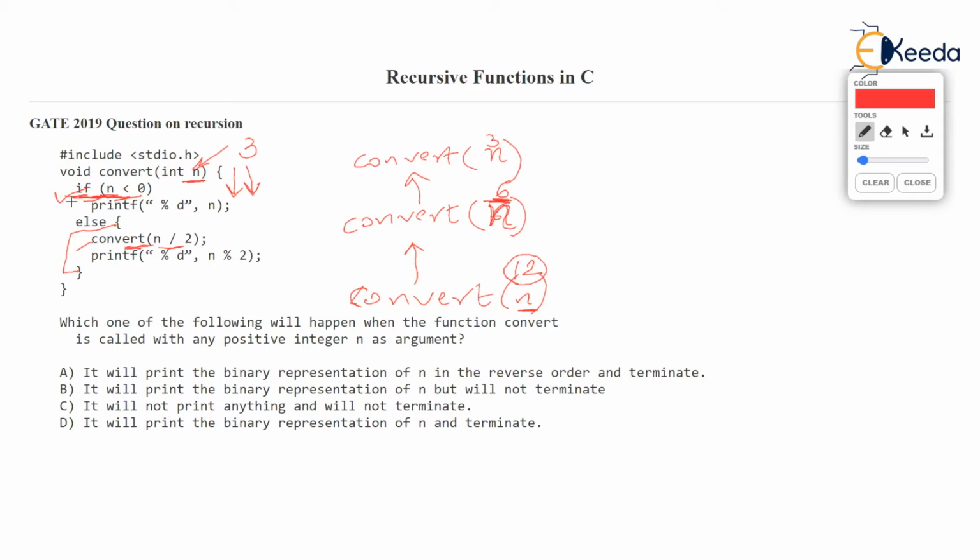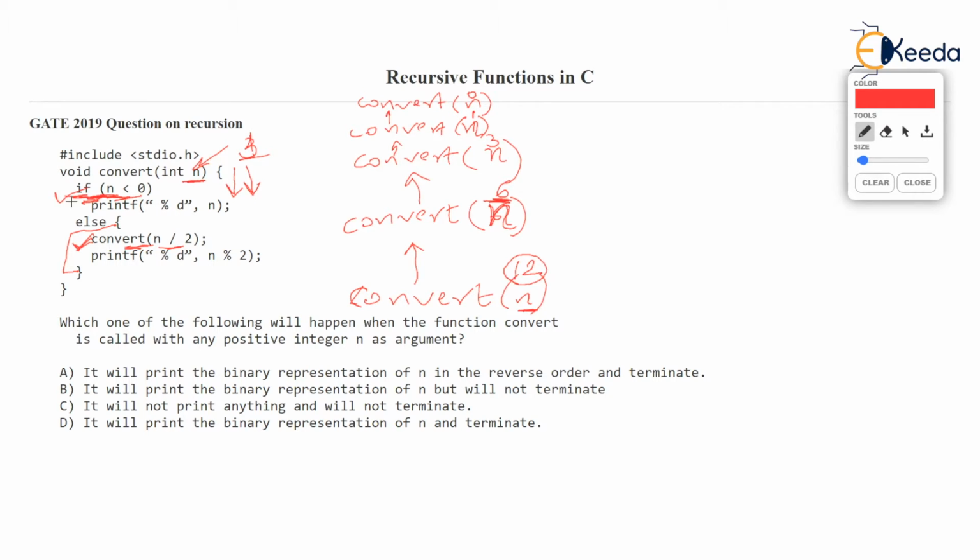So else will run and convert will be called with 3 by 2, which is 1. Now the parameter n is 1. If you restart the function with n equal to 1, then n less than 0 is still false, isn't it? So else runs and convert gets called with 1 by 2, and 1 by 2 is 0. So convert gets called with parameter n equal to 0.